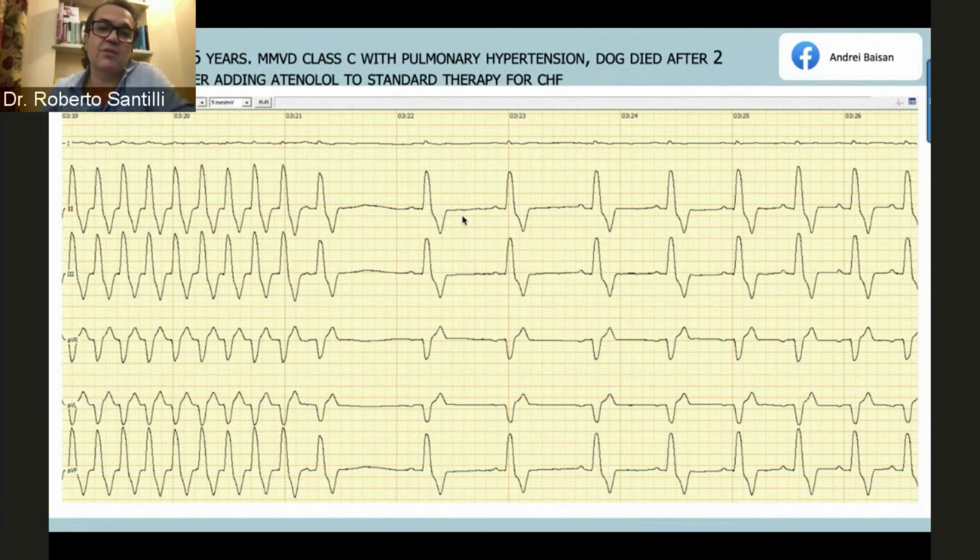In a case like this, if you want to use it, because the Holter is showing severe SVT, it's important to do a Holter during the antiarrhythmic test. So start very, very low and look at the Holter to see what happened.